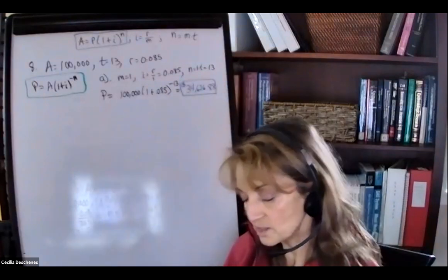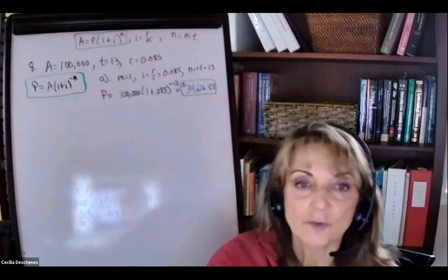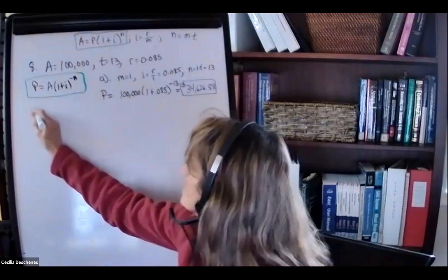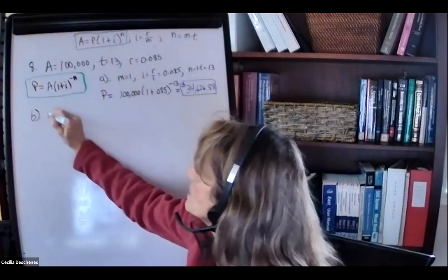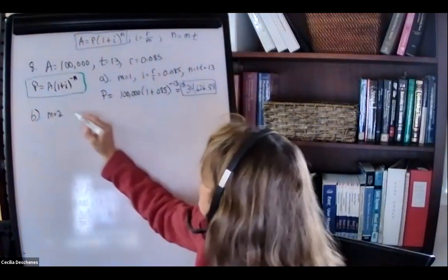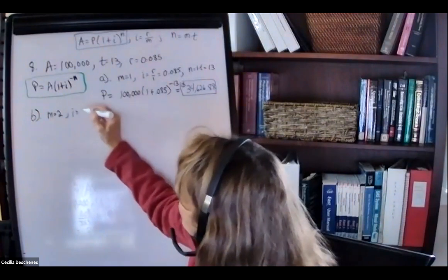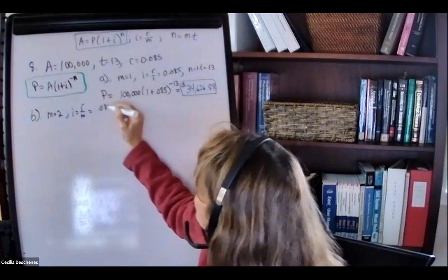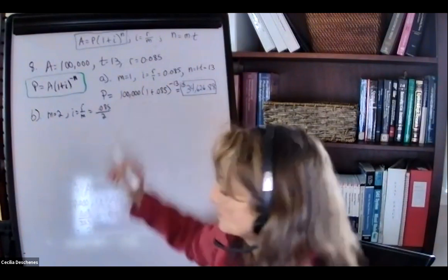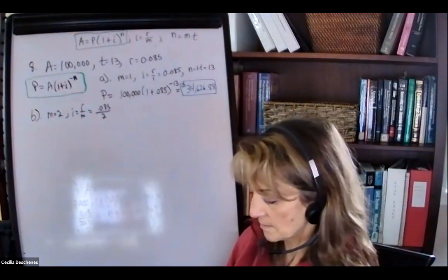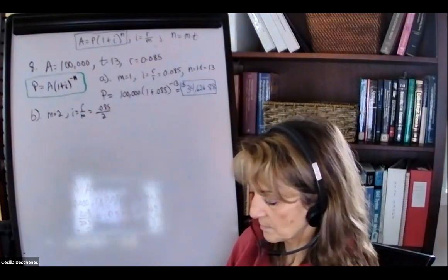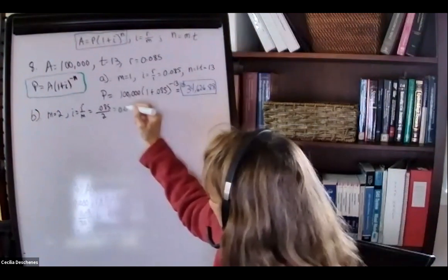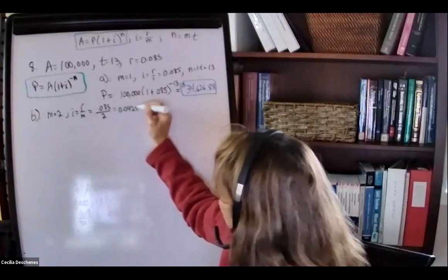Okay, so let's go ahead and do part B now. So for part B, we're talking about semi-annually. So the only thing that changes for part B is that the M is now 2, which is going to mean our I, which is our rate divided by M, is 0.085 divided by 2, which is equal to 0.0425.